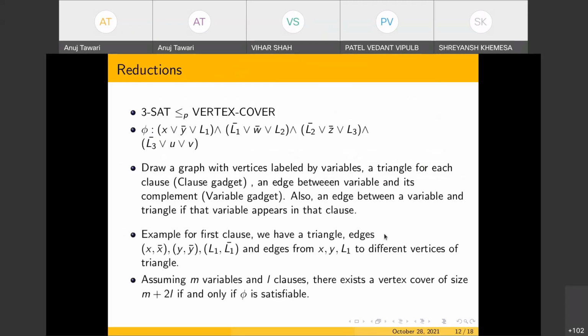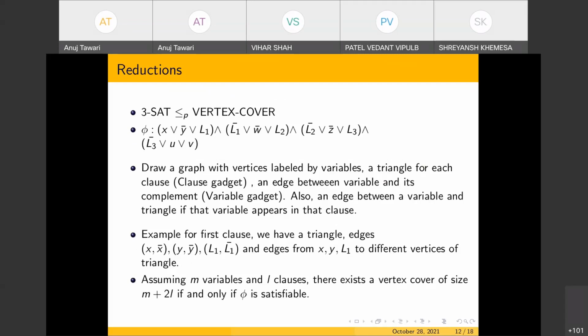So what is happening here is that there will be all these edges from x, y bar and L1 to different vertices of the triangle. And whichever is true, we don't pick that vertex. So whichever are not set to true, those vertices in the triangle, we will add in our vertex cover.